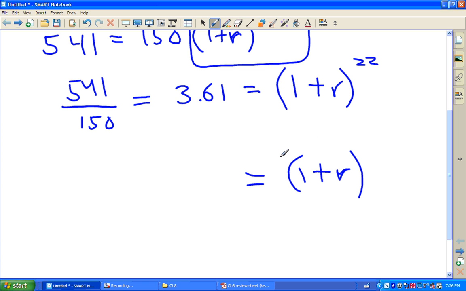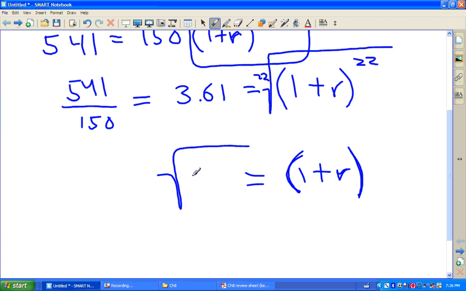But if I do that to the right side of the equation, if I take the 22nd root of something here, I must also take the 22nd root of 3.61. Now nobody's got a button on their calculator that is made for taking the 22nd root of something.